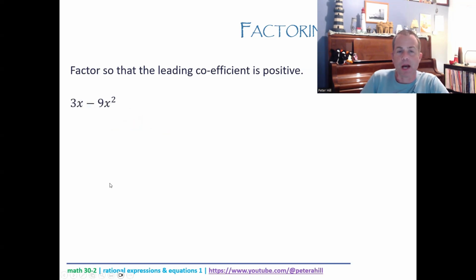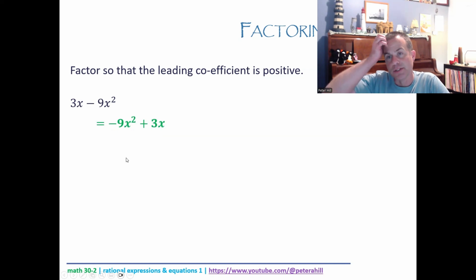Okay, 3x minus 9x squared. The 9x squared is your leading coefficient, so we want to take that negative out of there. We'll write it in the right order first. And then we're going to take out, well, for sure, a negative. We could take out an x as well. And what's common between 9 and 3? That would be 3. We could take out a 3.